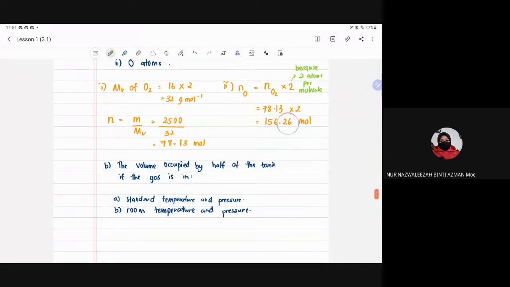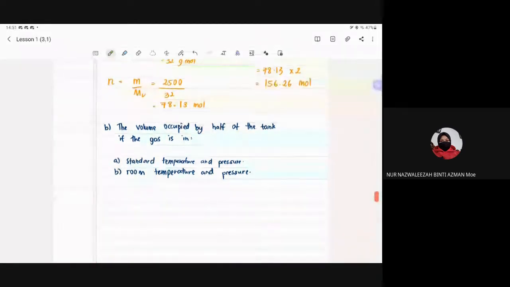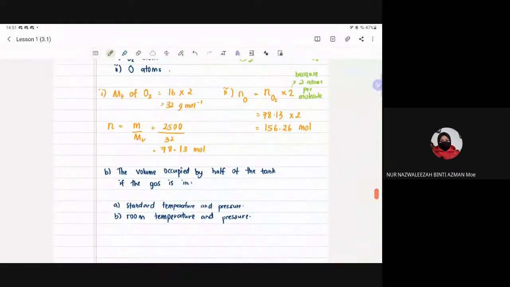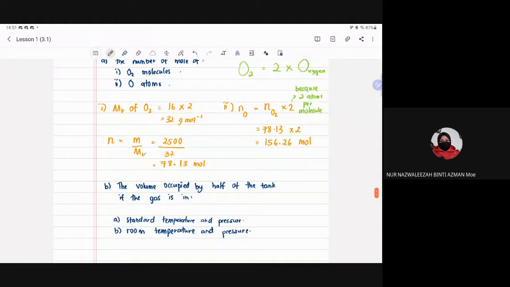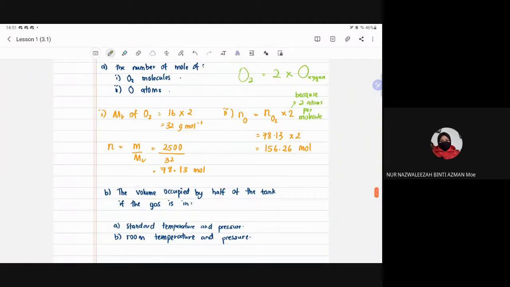Okay, untuk calculation. Okay. The next question. Aha. Kenapa Nazwa? Bukan sepatutnya bahagi ke? Tidak. Kena darab. Sebab satu molekul ada 2. Konsep dia macam ni. Let's say saya, okay, satu pasang kasut.